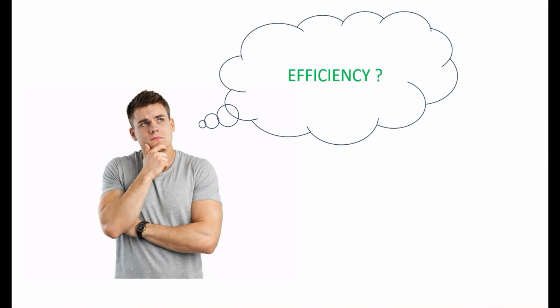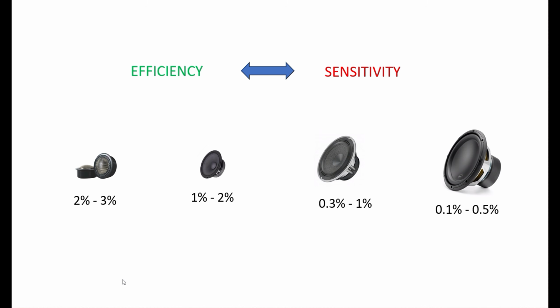So how do you work out how efficient a speaker is? Well, manufacturers don't usually publish efficiency data on their technical data sheets because efficiency is hard to measure and it's frequency dependent and a whole bunch of other stuff. So efficiency and sensitivity are kind of the same thing, because more loudness per watt means the speaker is converting more power to sound, which is basically efficiency, right? But as a rough guide, the smaller the speaker, the more efficient it is.